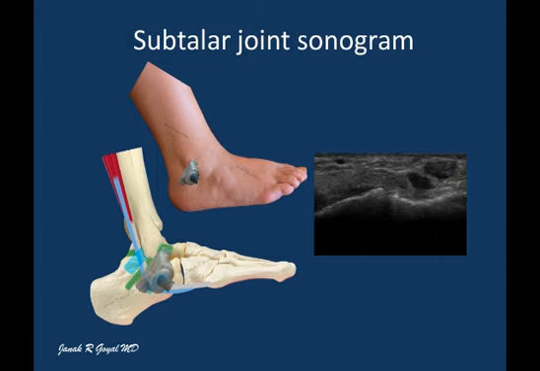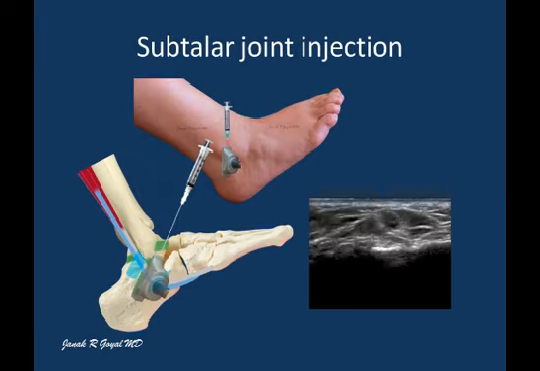Now in this image, the sonogram shows the posterior subtalar joint, and you're seeing the fibularis brevis and the fibularis longus tendon, and here is your lateral aspect of the calcaneus, and here is your talus.